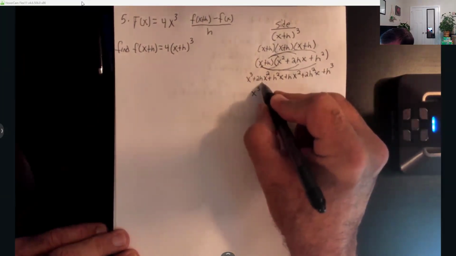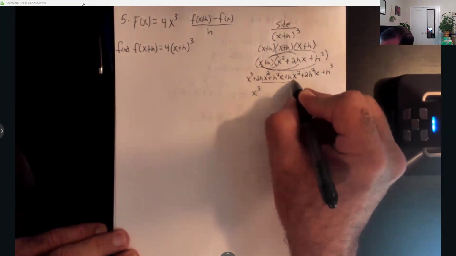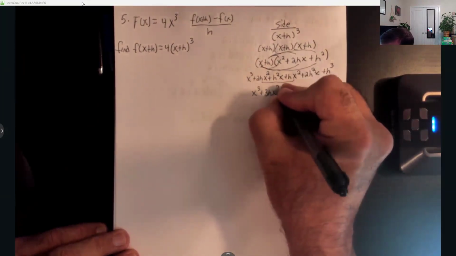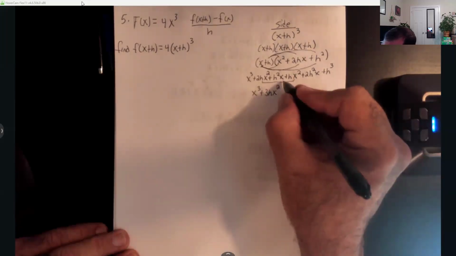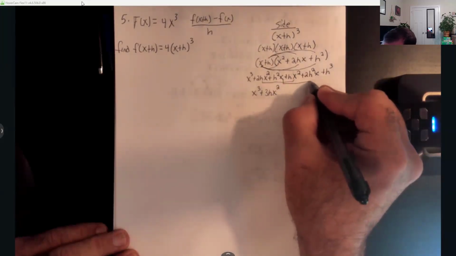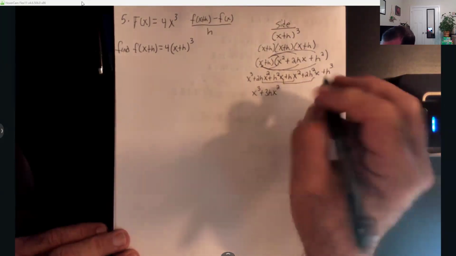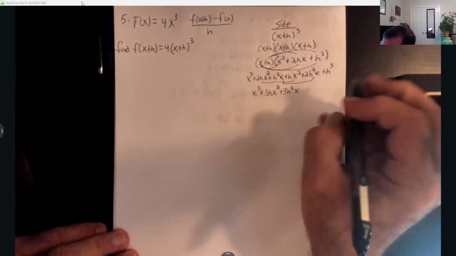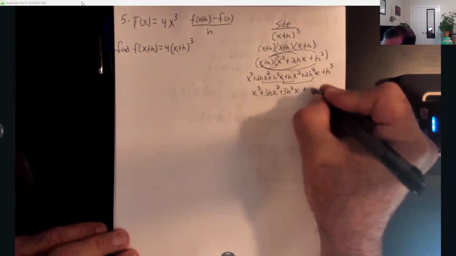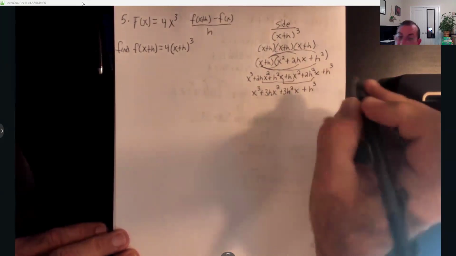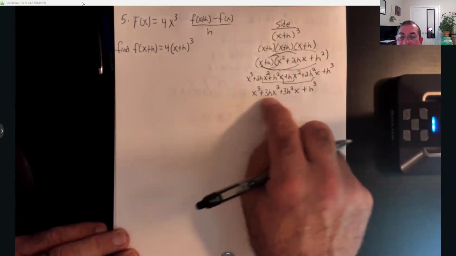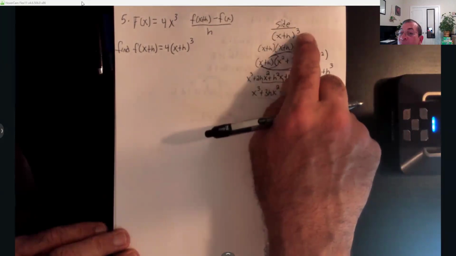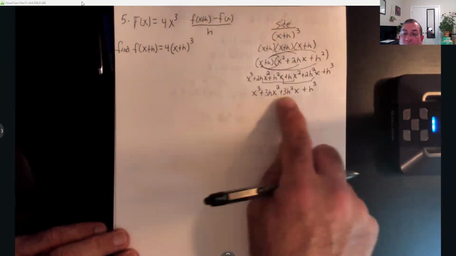All right, 2hx squareds plus 1hx squared gives me 3hx squareds. 1h squared x plus 2h squared x gives me 3h squared x. And y'all, at the end is our h to the third. So y'all save this. Anytime you have an x plus h to the third, you're going to replace it with that.